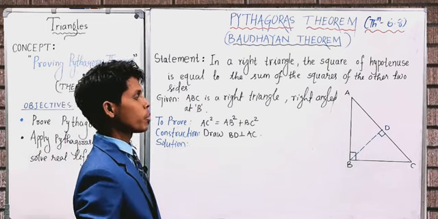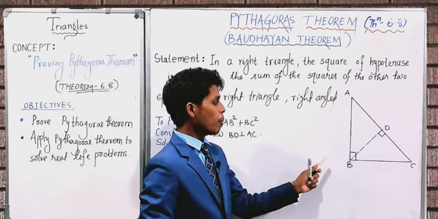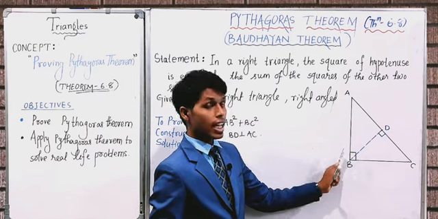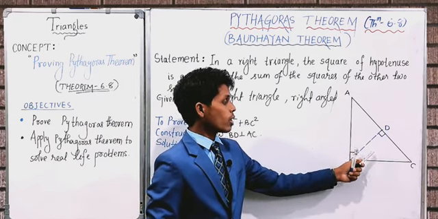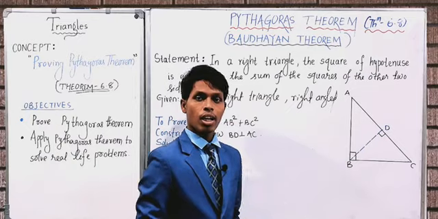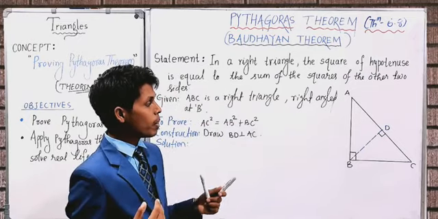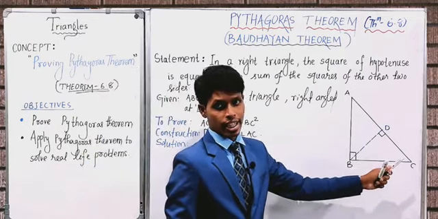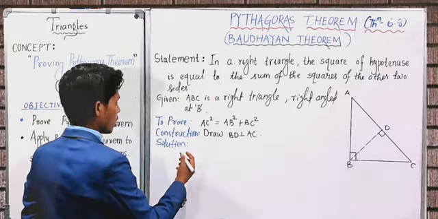Okay, so in theorem 6.7 we had learned, if a perpendicular is drawn from the right angle of a right triangle, then the two triangles formed on both sides of the perpendicular are similar to the whole triangle. Okay, so we'll write that one.